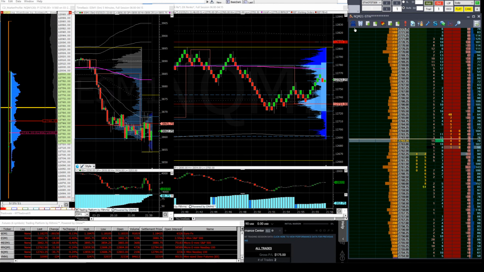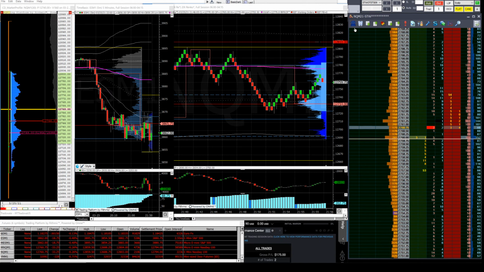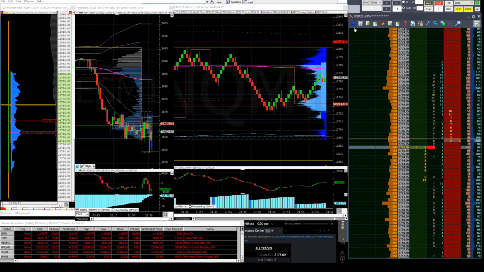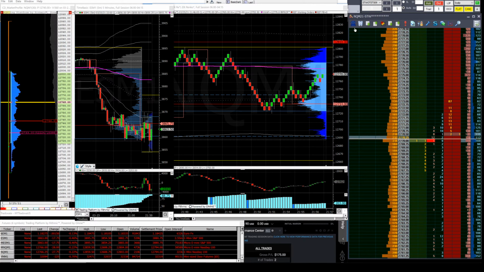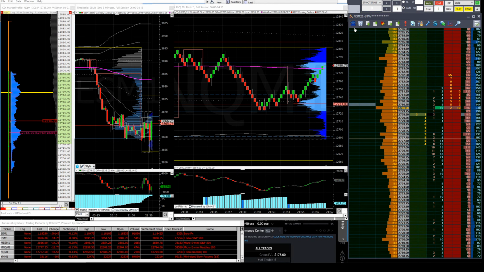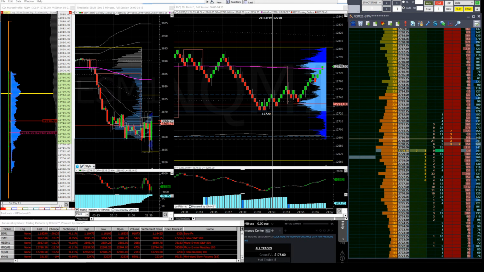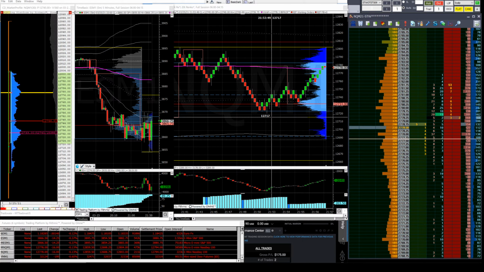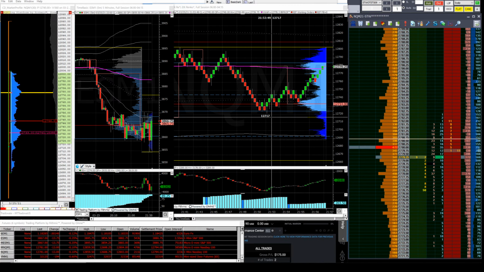I'm going to have to move away from the mouse and go back to hotkeys on the keyboard, which I have all set up on Jigsaw. It's kind of tough on the stream because you can't see the mouse move, and all of a sudden an order will show up on the screen or disappear because I've hit the button, lifted the offer or hit the bid.